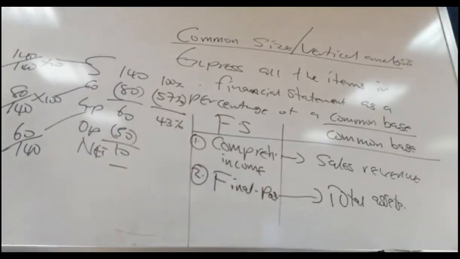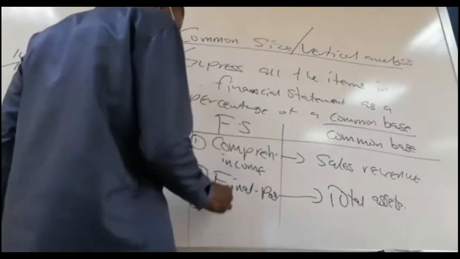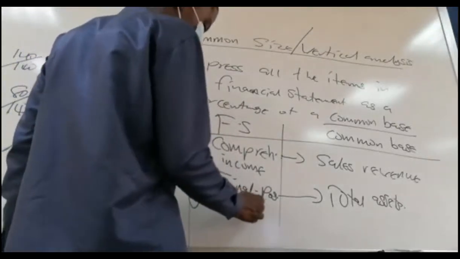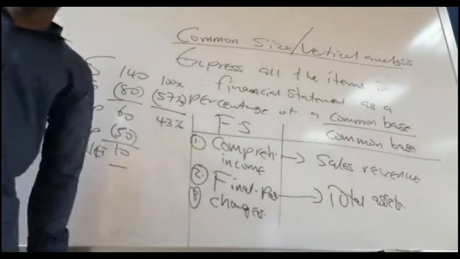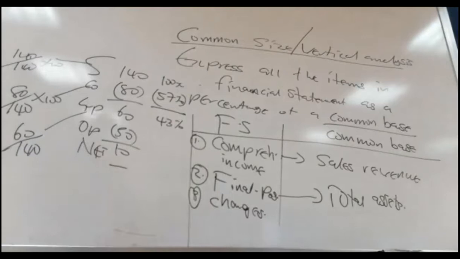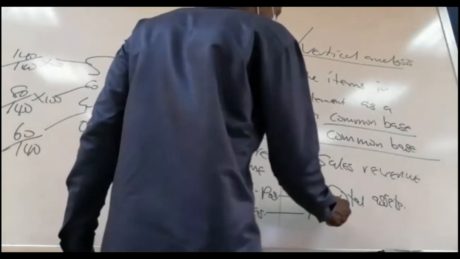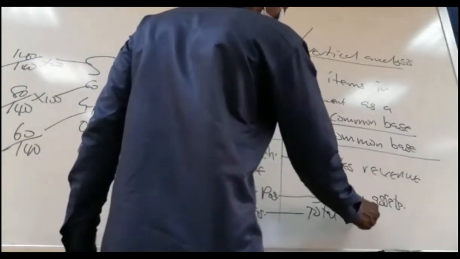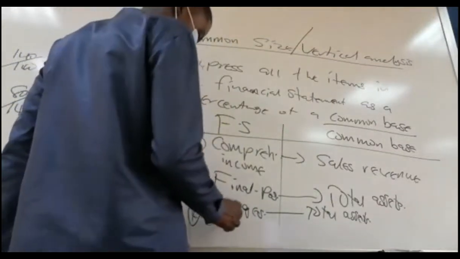These are the most common financial statements. Let's look at the other two. Number 3, changes in equity. Because most of the items in the changes in equity are reported in the financial position, we can also use total assets. Then number 4, cash flow.